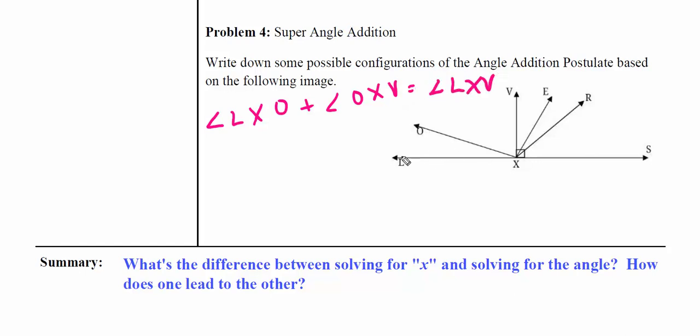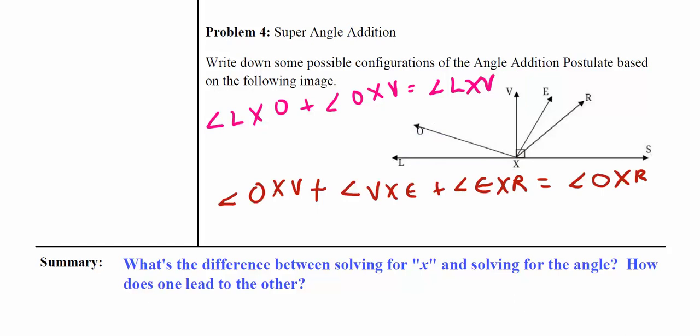Right, LXO is this one right here. OXV is this one right here. And LXV would be the combination of those two that would form this larger angle. Here's a bigger one. I'm taking OXV, this angle right here, VXE, this angle right here, and EXR, this angle right here, and saying that that is OXR, so this entire angle right here.